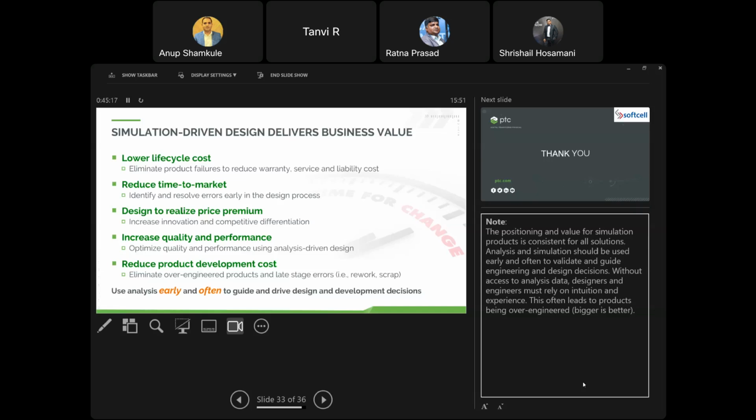If any of the solutions match your requirements, or if you want to know more details about any of the solutions that we discussed today, we are happy to engage with you and discuss in detail, so that we can demonstrate with live examples how these analysis solutions benefit your processes. These are all integrated solutions with PTC Creo.